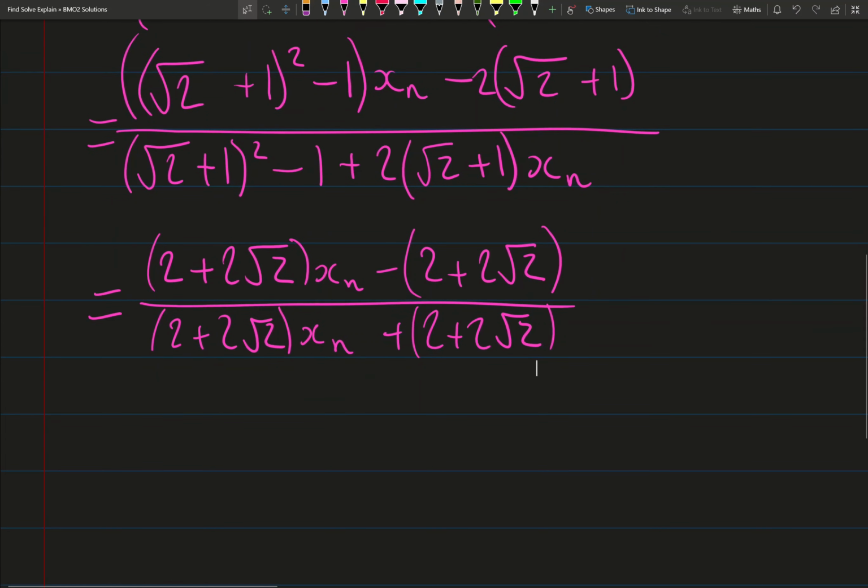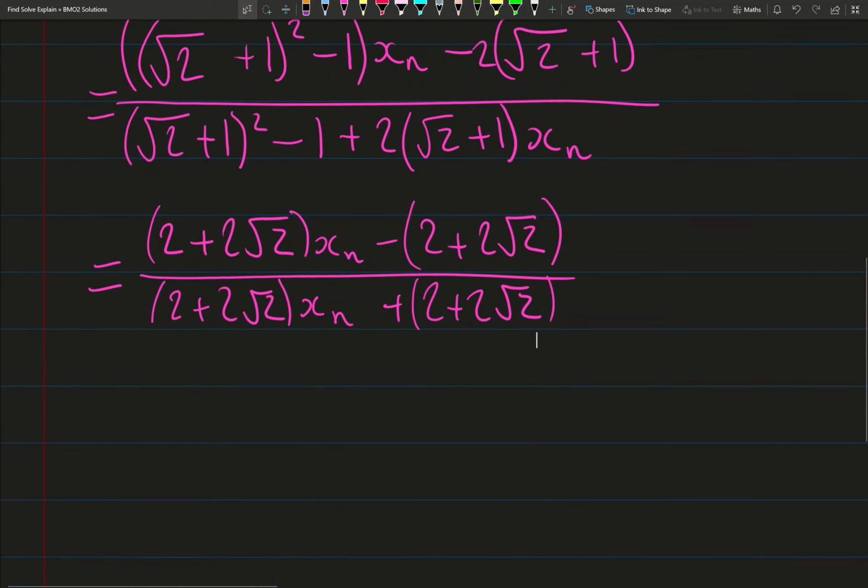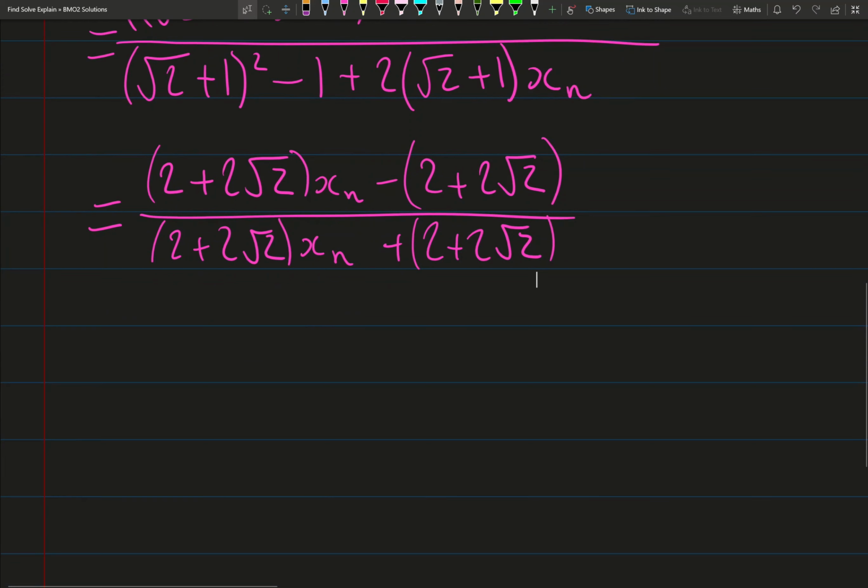Okay, so we can simplify this by dividing top and bottom by 2 plus 2 root 2, which I've bracketed so it's quite obvious, and this gives us x_n minus 1 over x_n plus 1.